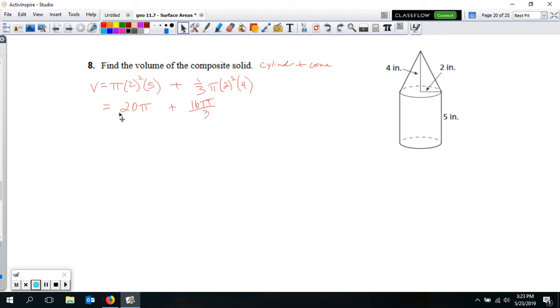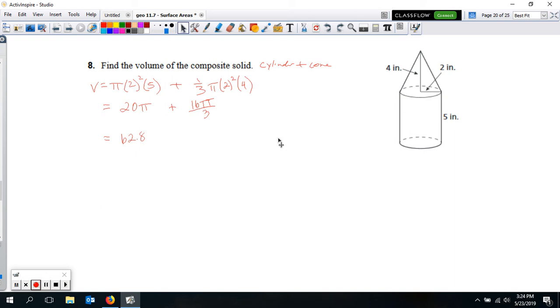Now as we add these together, we could get common denominators. I could make this 60 pi over 3 and then add the pi's together. Or we could just figure out the decimals. If we're looking for the decimal answer, 20 pi on the calculator is 62.8.